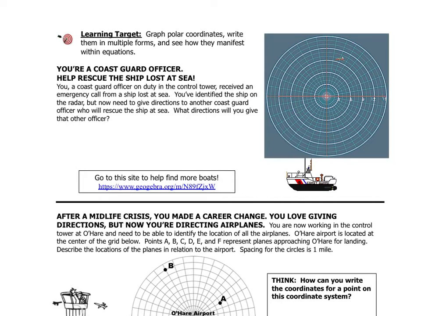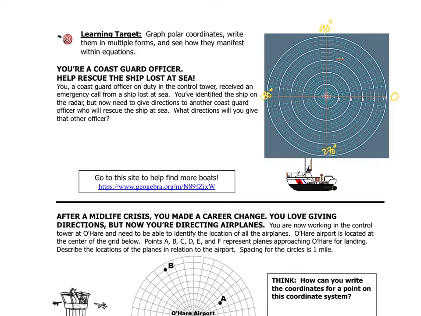So we see the radar just like we did in the online activity, and now we need to locate the ship. So remember, if we want to figure out the angle of rotation, I'm going to label a few on our grid. So we have 0 degrees, 90 degrees. Across the other side would be 180 degrees, and on the bottom is 270 degrees.